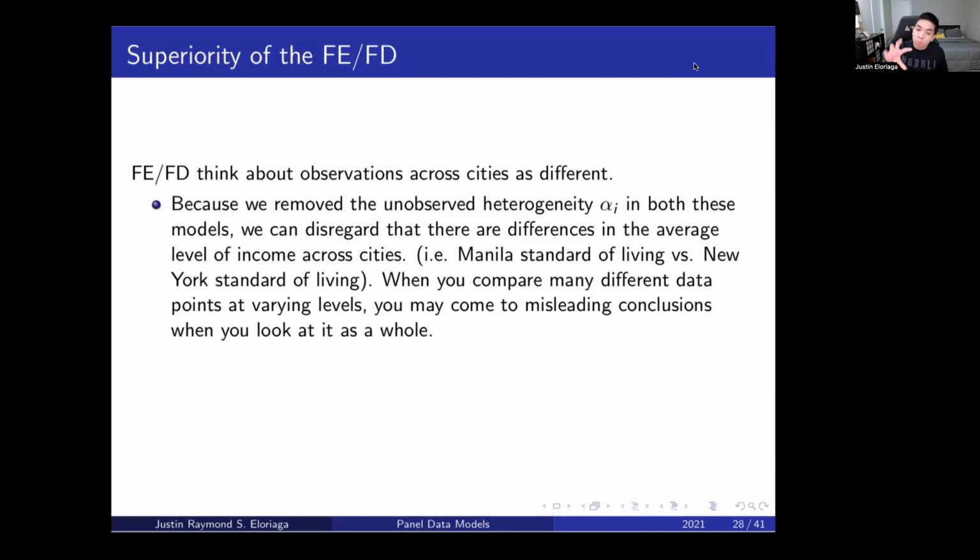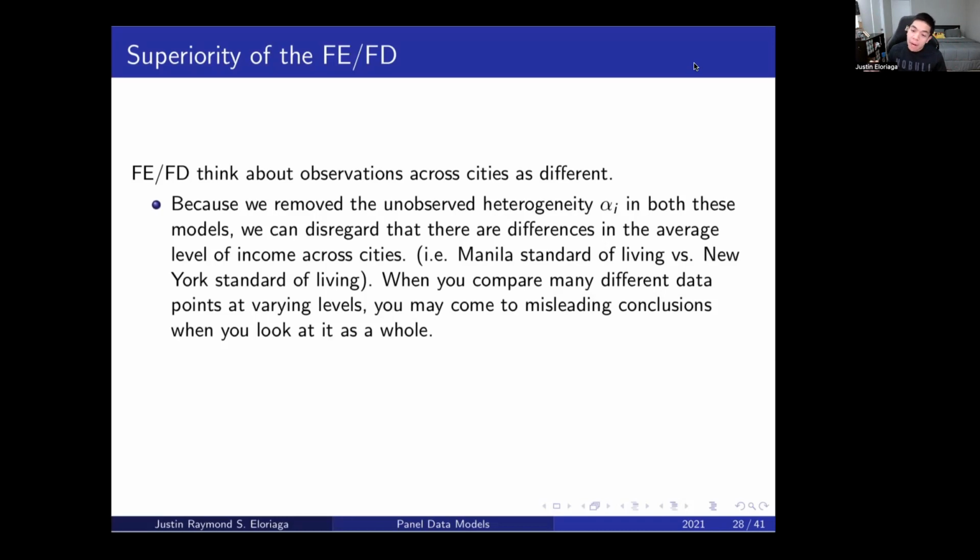Because we were able to remove that unobserved heterogeneity component in both of these approaches, we can disregard that there are differences in the average level of income across cities, like comparing Manila's standard of living versus New York. So that sort of mixture, the nameless scatter plot, would not be a problem when we're dealing with an FE or an FD.